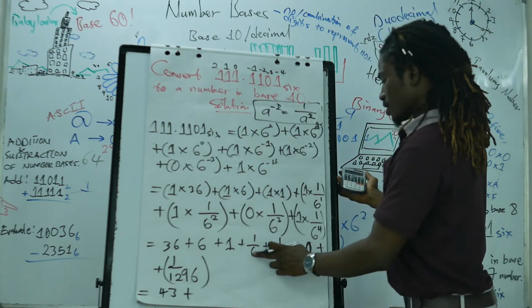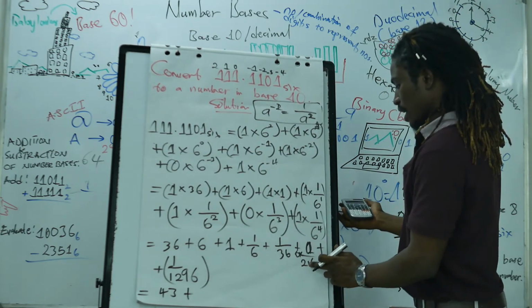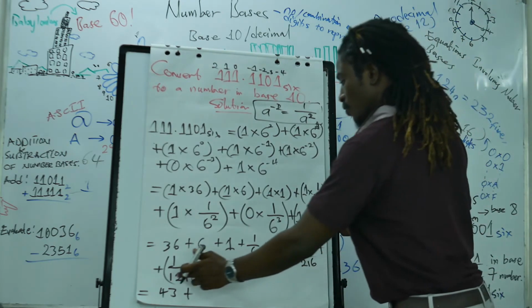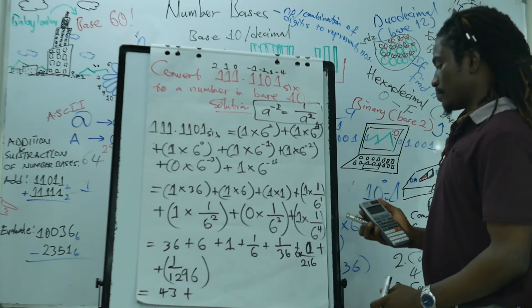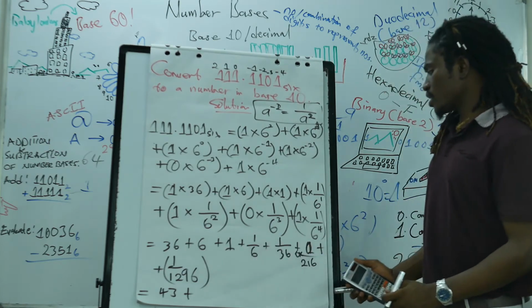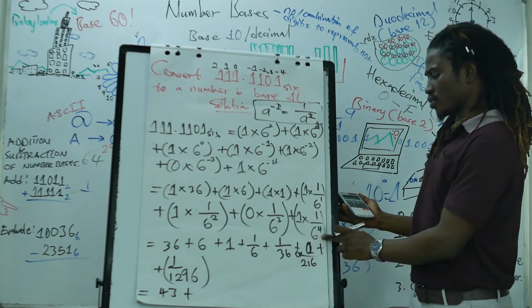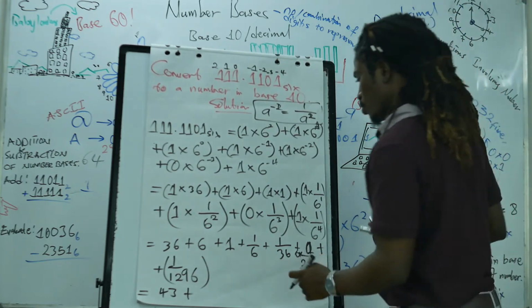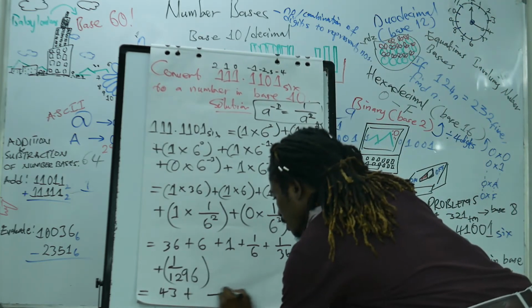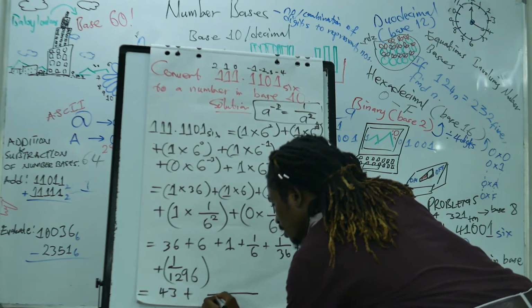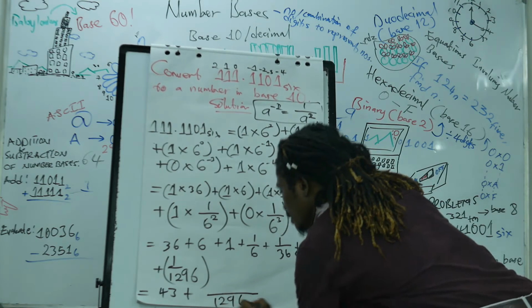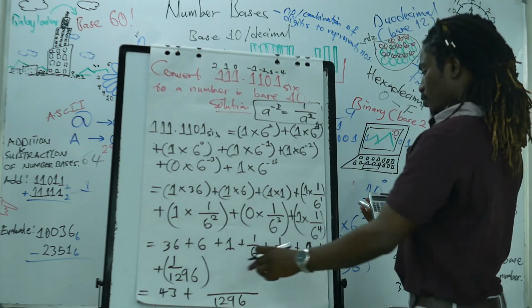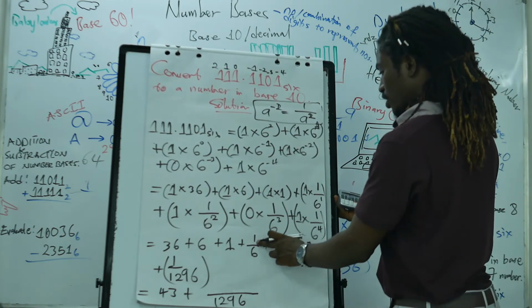Now we have 6, 36, 216, 1296. You will notice already that these are all factors of 1296, right? So what we'll do, let's take the LCM of these to be 1296, and we'll take each of these ones in turn.